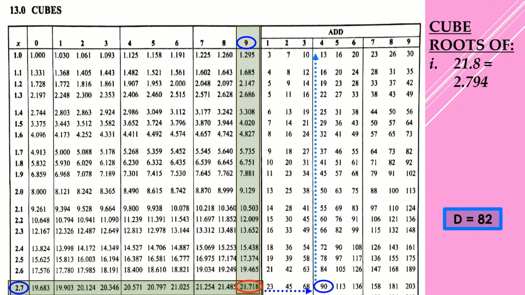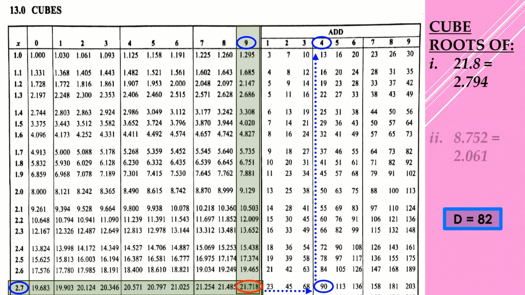And we need to understand that 4 is very important, because the solution is almost the same as 21.8. If you cube 2.794, the answer that you should be getting should be 21.8, or a number that is almost that number.